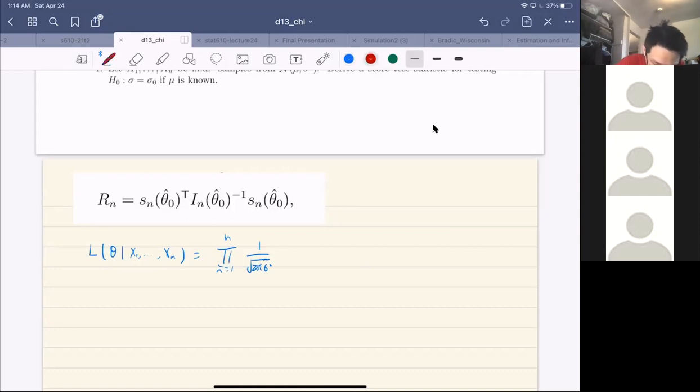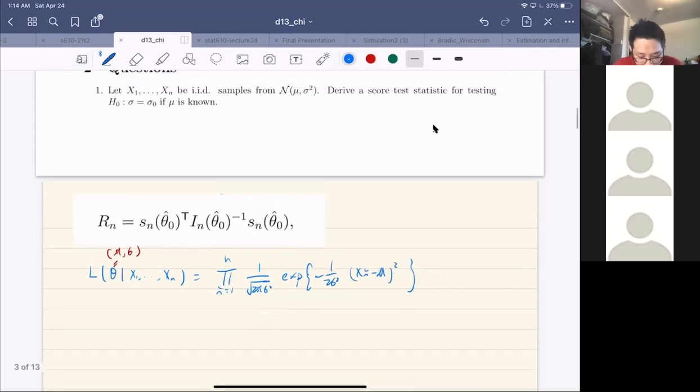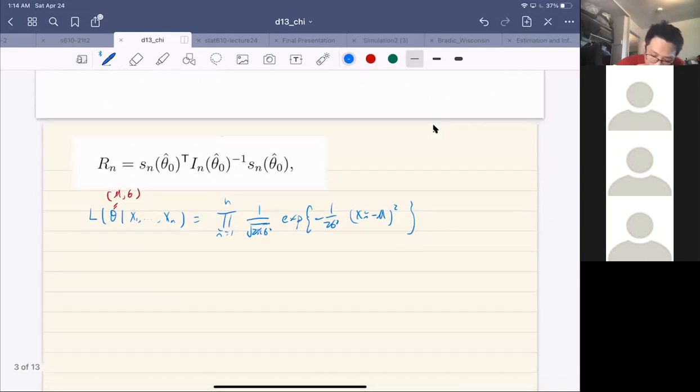And notice the theta here indicates the two variables, mu and sigma. And exponential of negative over 2 sigma squared times x_i minus mu squared.